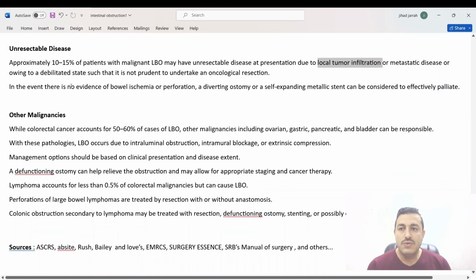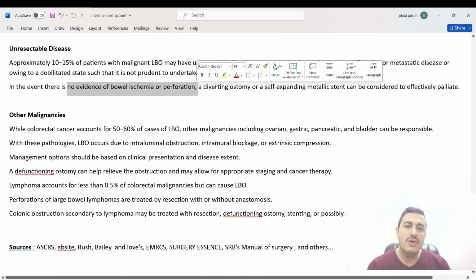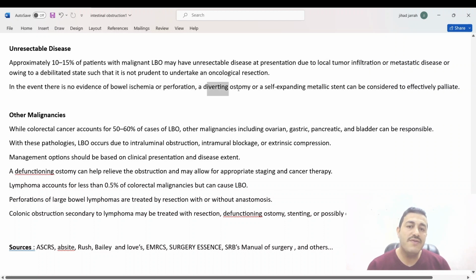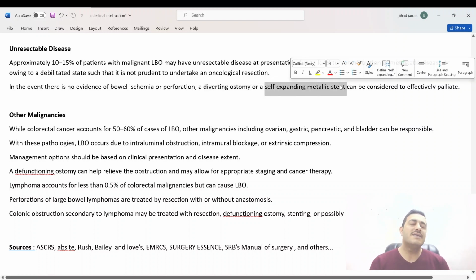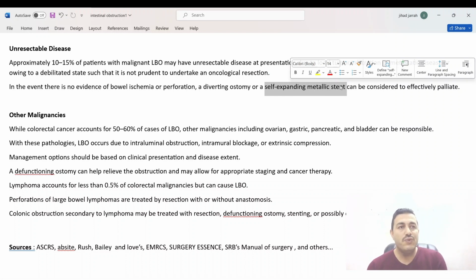If there is no evidence of ischemia or perforation, we can proceed to either diverting stoma or self-expanding metallic stent. It's a palliative surgery. If there is ischemia, we proceed, and intraoperatively we decide to resect, damage control surgery, etc.